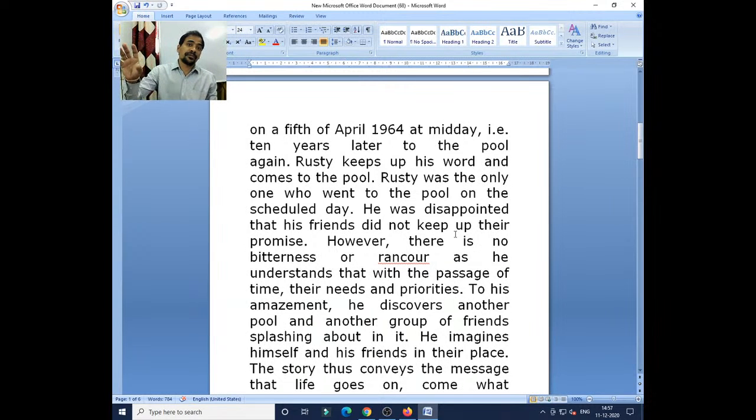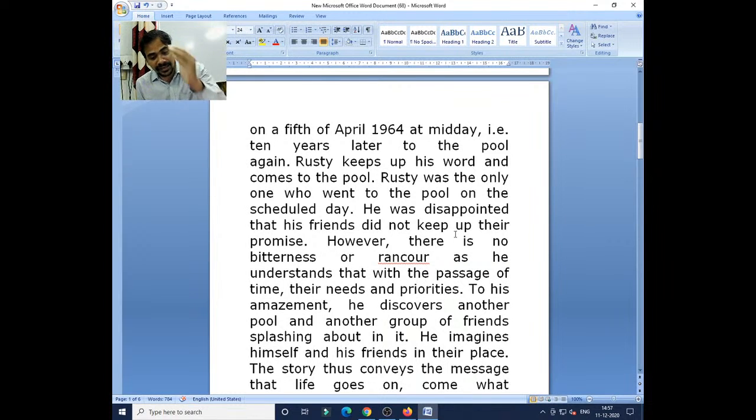After 10 years, they wanted to meet at the same pool, but Rusty was the only one who went to the pool on the scheduled day. The date was fixed, the day was fixed, timing was fixed. All the three friends were intimated for that. But who only came? The writer. So he was disappointed that his friends didn't keep up their promise.